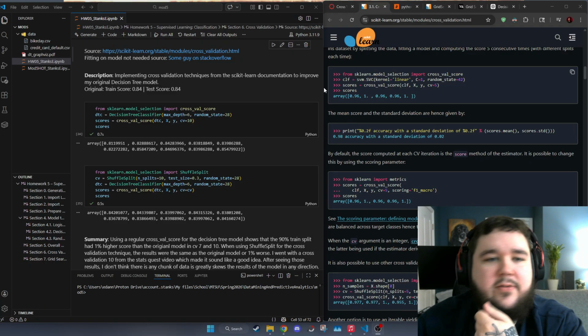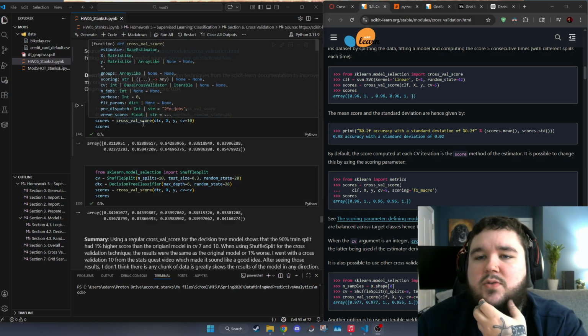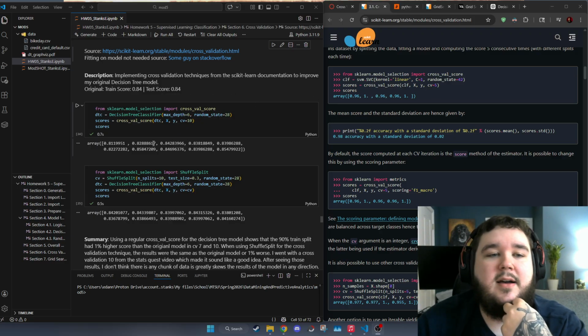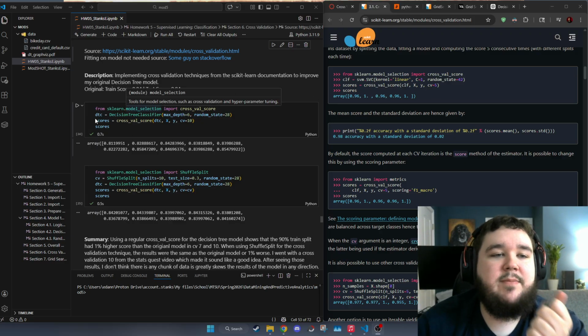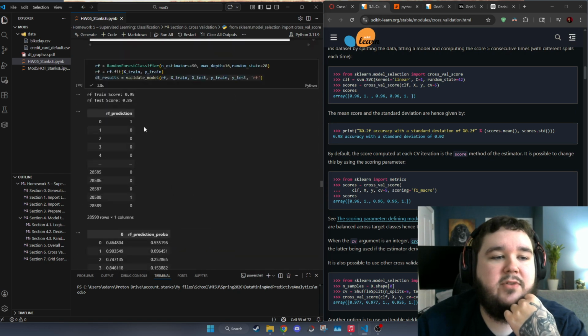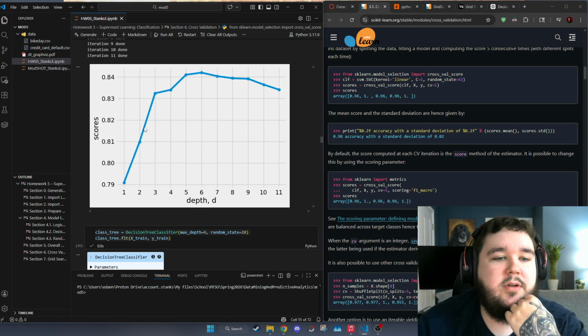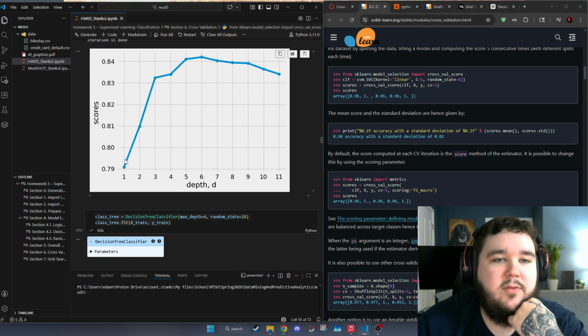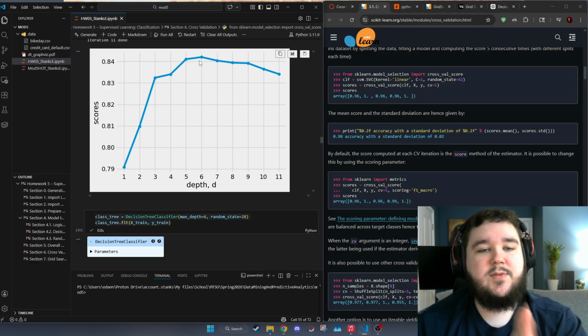We have right here the cross-validation score. Where does it do this? Right here. So doing this here, essentially with the same model I did above in section 4.2, with this graph I found that 6 was the best depth.